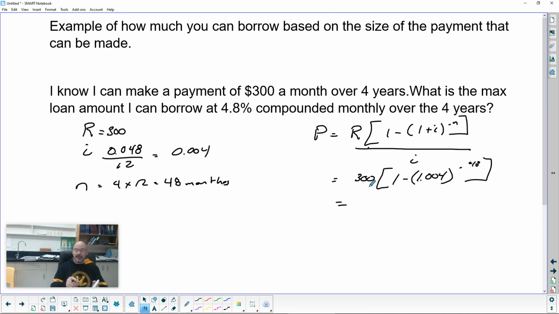Okay, take our calculator out. 1.004 to the power of negative 48. Okay, subtract that from 1. Okay, and then multiply that by 300.